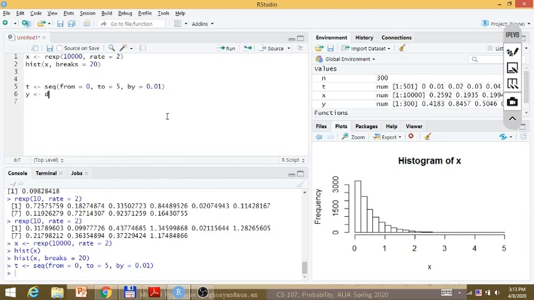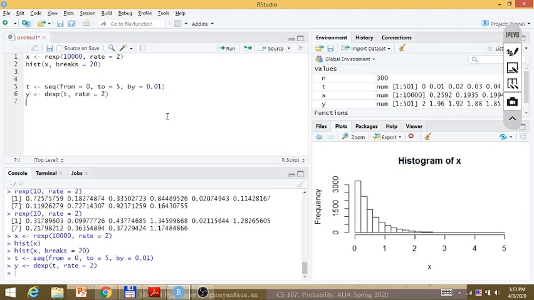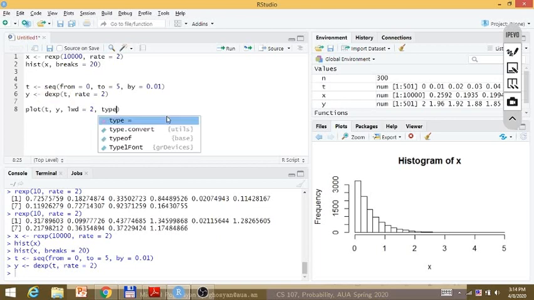So PDF is by dexp calculated at the point t, and the rate is equal to 2. Now I can plot the graph, t, y, line width is say 2, and type is equal to line.